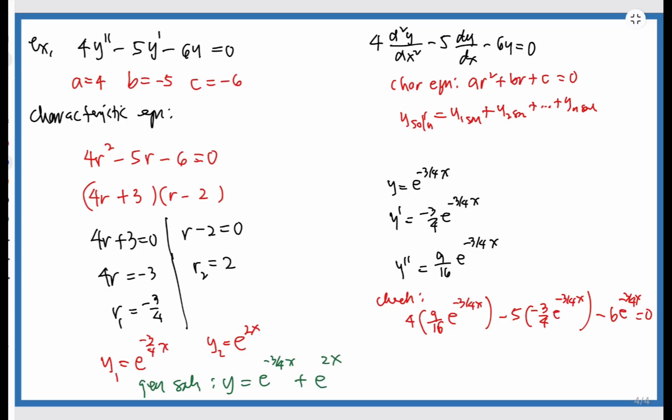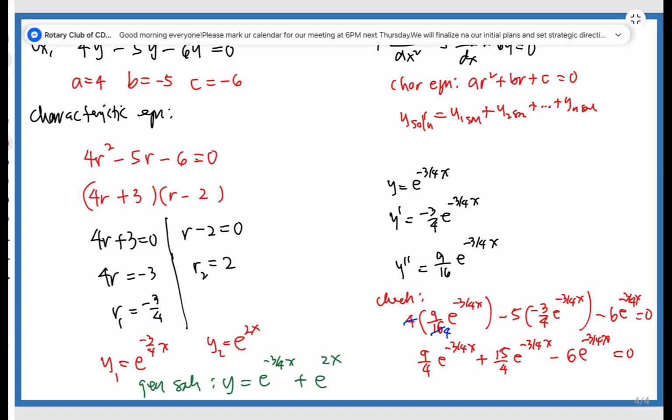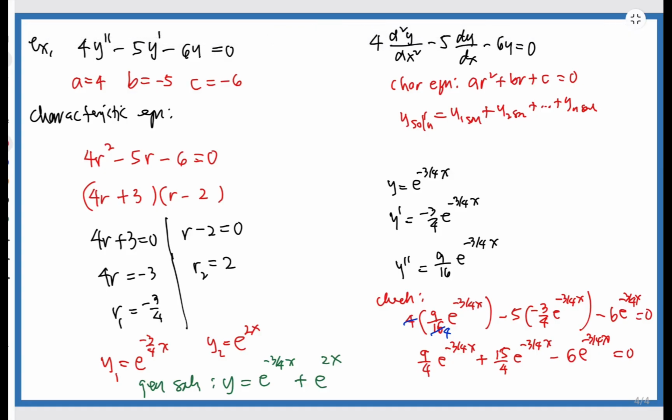We can cancel, so this is 9/4 e to the negative 3/4 x, minus becomes plus 15/4 e to the negative 3/4 x, minus 6 e to the negative 3/4 x equals 0.